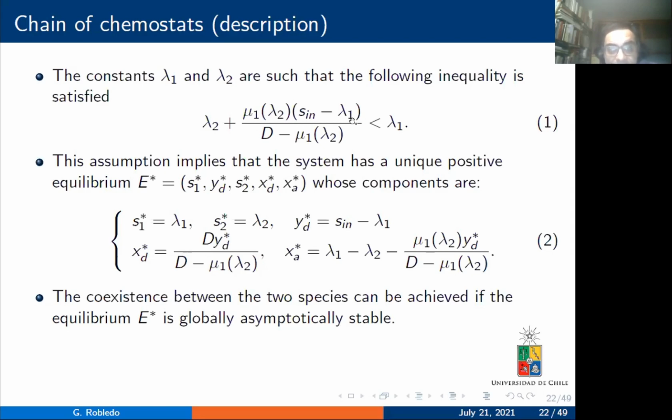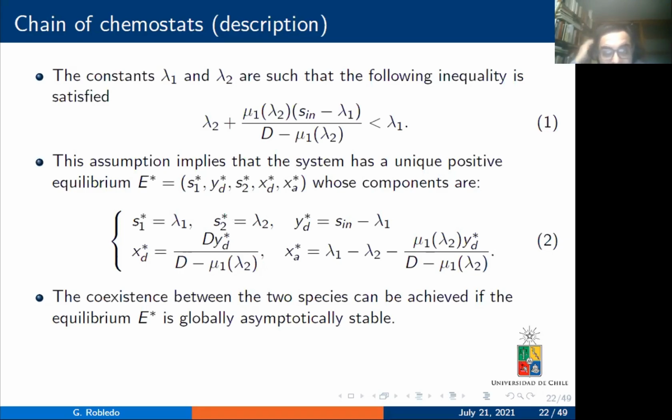If we assume this inequality, we can prove the existence of a unique positive equilibrium, and we can see the components here. It is easy to verify that the first four components are positive. This inequality implies that this coordinate is also positive.